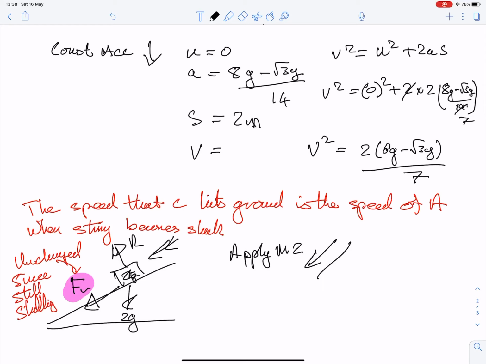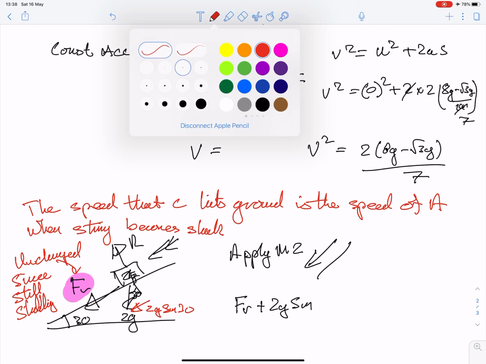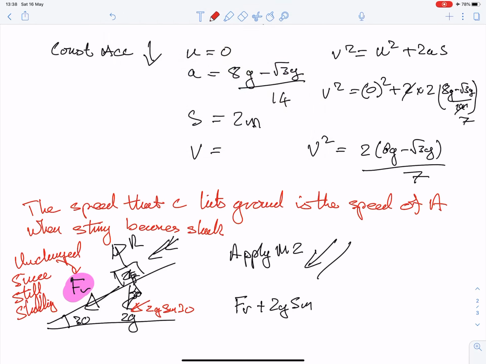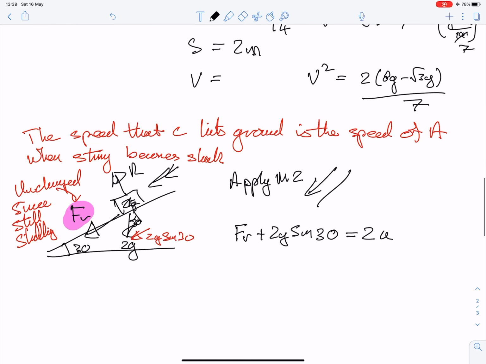Okay, so what do we now know? We've now got a new acceleration, because we've got our weight, 2g, acting downwards. We've got our friction, which is unchanged since it's still sliding.